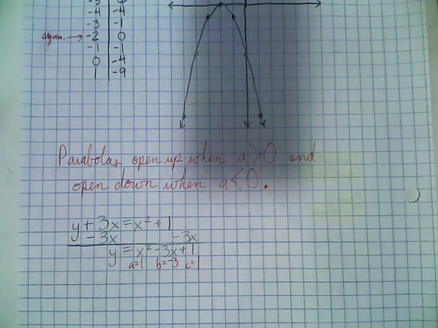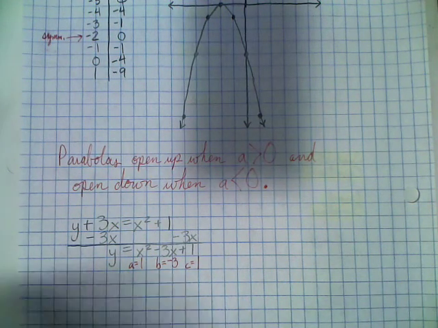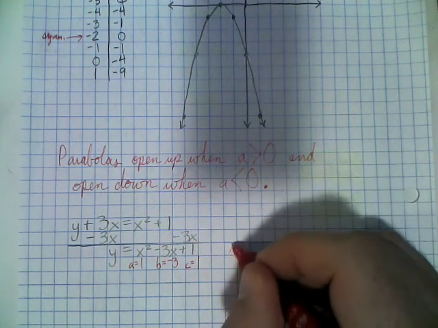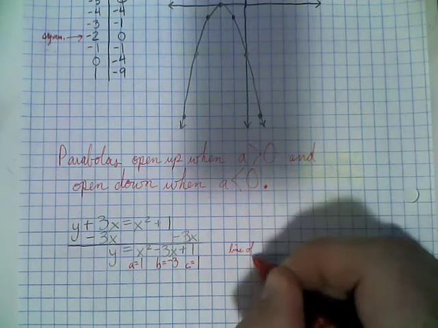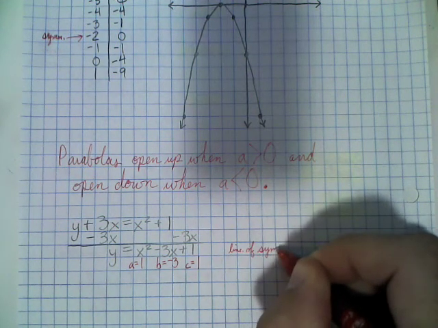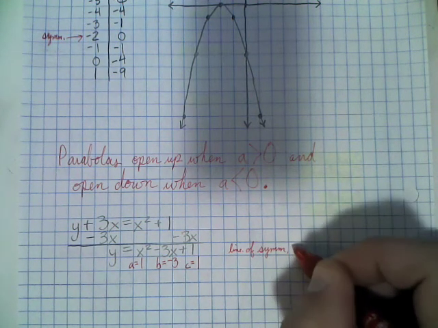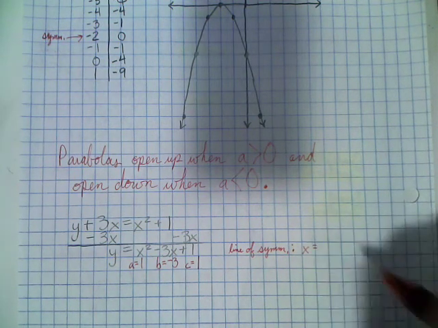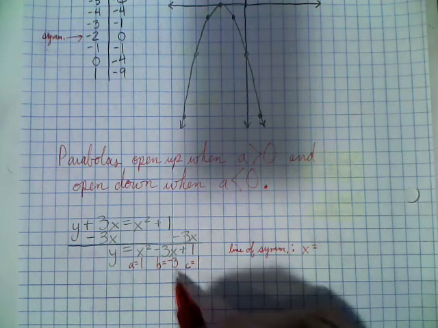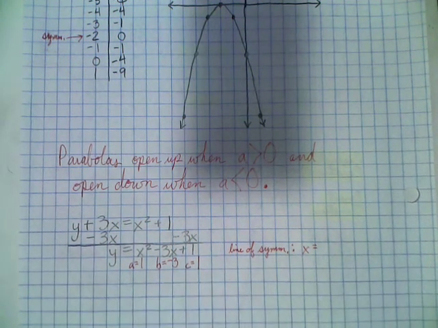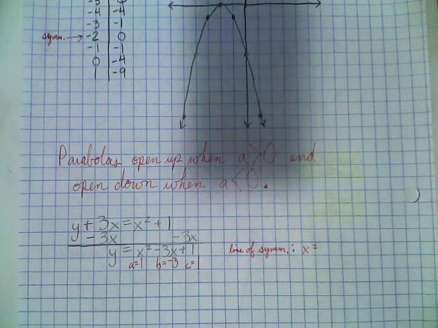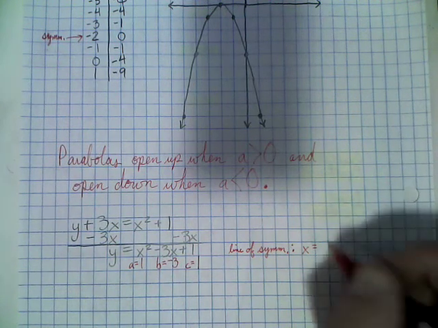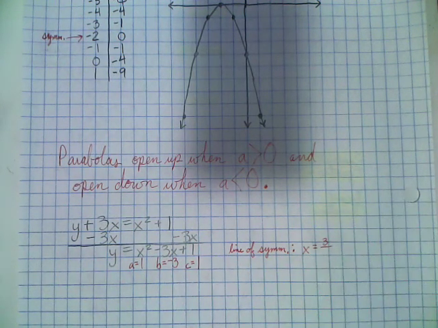So here we go. This means that my line of symmetry is going to go through x equals negative b. I'm not going to bother doing the negative thing this time. I think you all know a negative 3 is just a 3.